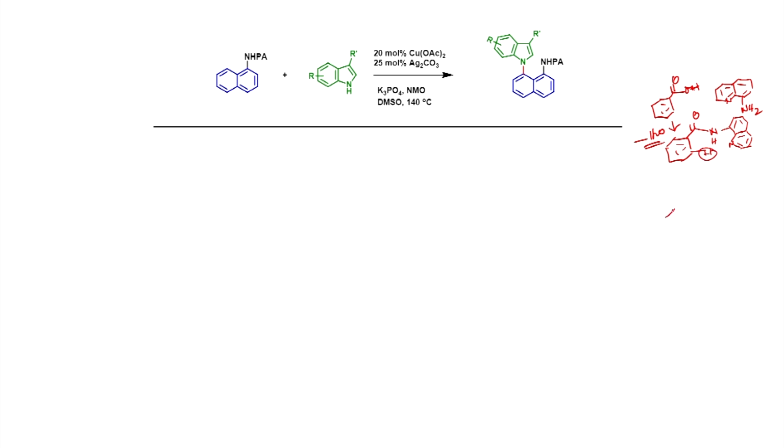And here, if you have aniline, you can also try to do it in a similar way. For example, take the naphthylamine. Once you have this one, in a similar way, you can try to react with this carboxylic acid.